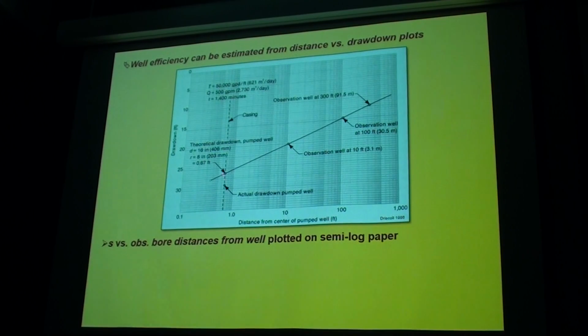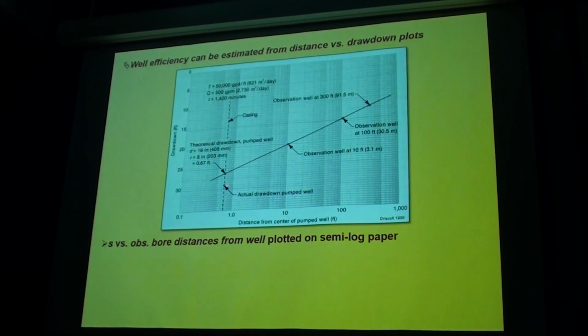And where it intersects your casing on your graph, the water level within your well should be there. Of course, it's not, because wells aren't 100% efficient. For various reasons, water coming in and flowing up, you get friction. Okay? You get energy loss through that. You get rapidly flowing water, you get energy loss through that. You get turbulence as well sometimes, it's energy loss, and so the head in the well will always be lower than theoretically it should be.